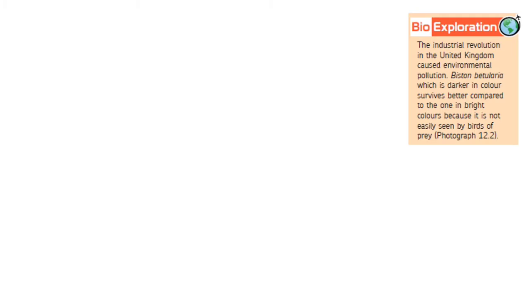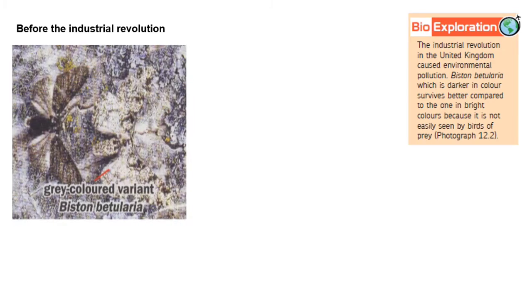Okay, this is the fact about before the Industrial Revolution. There is a moth called Biston betularia. The Biston betularia has a grey color variant and a black color variant. So this is the condition before the Industrial Revolution.